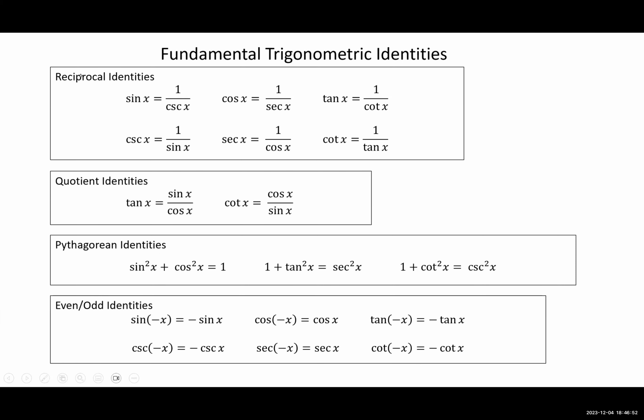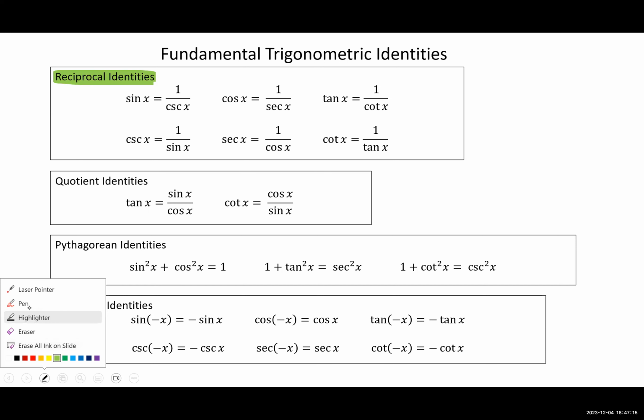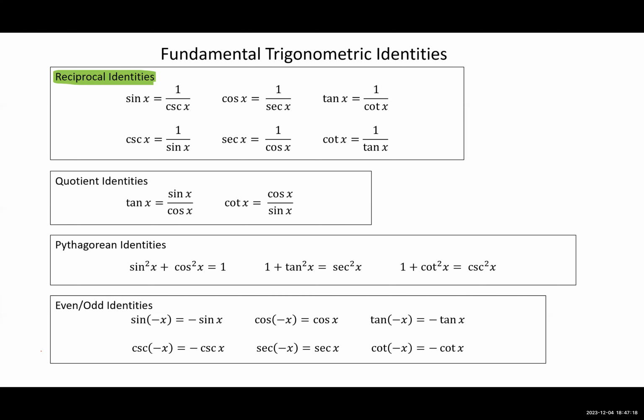We've got what are called the reciprocal identities. There's really nothing to prove here because these are all a direct consequence of a definition, right? We defined the sine function, for example, as being equal to the y coordinate of the terminal point.